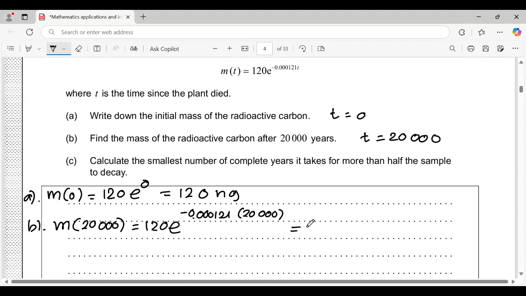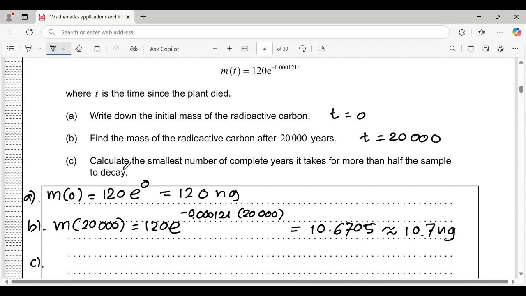And if you calculate, the result is 10.6705. Rounded off, it becomes 10.7 nanograms.